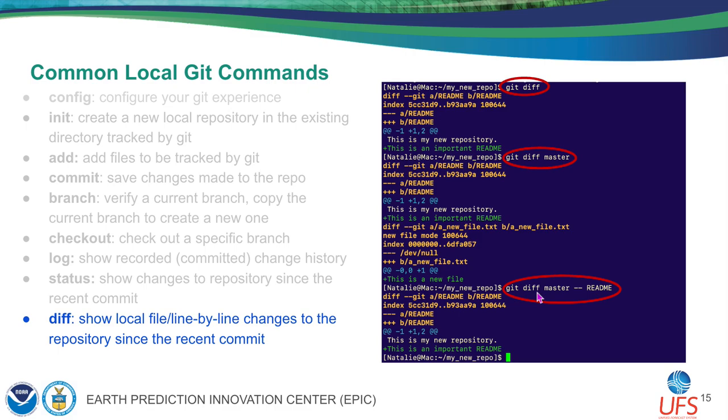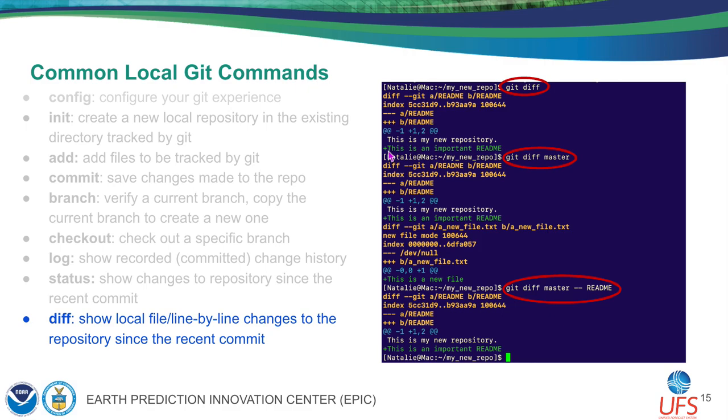We are in the new branch, and if we issue git diff, it will show us that the change was done to the README file since the most recent commit. The minus means that lines have been subtracted or removed from the file, and the plus means that they have been added.